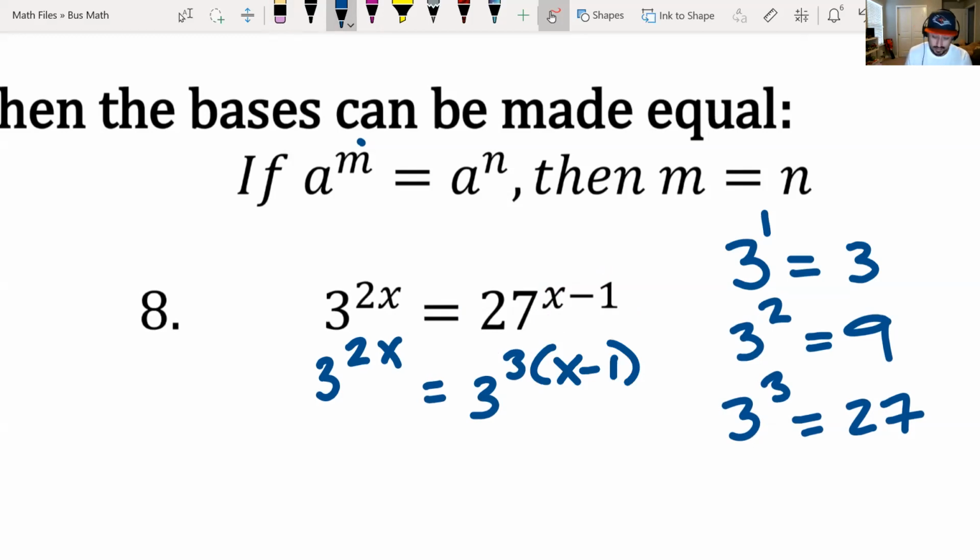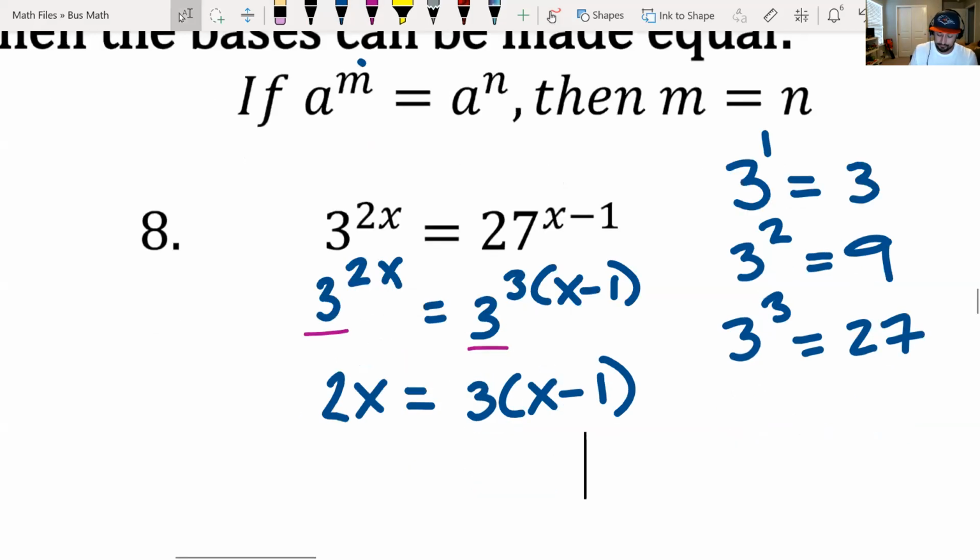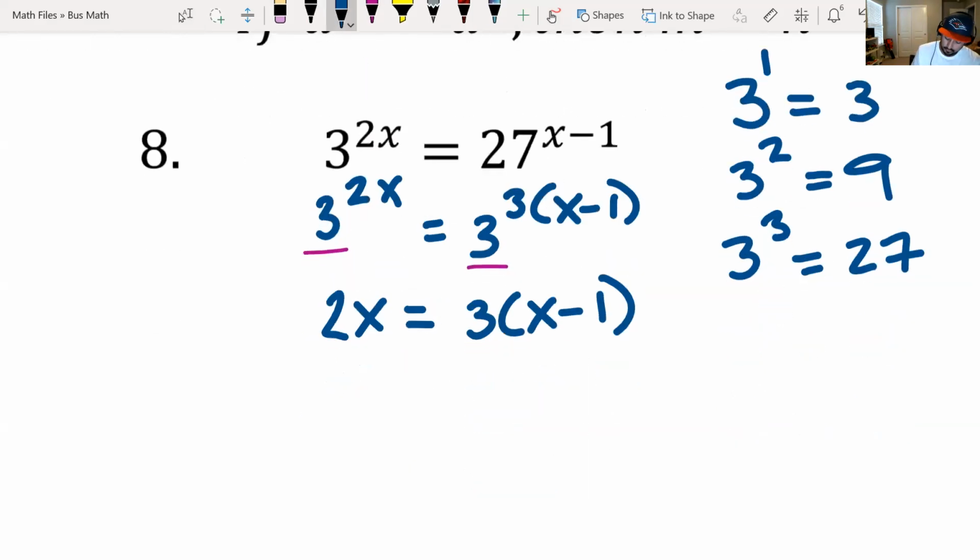We have fixed it, and now we have the same base of 3 on both sides, which means you can now set your exponents equal to each other and solve for x. So 2x equals 3x minus 3.